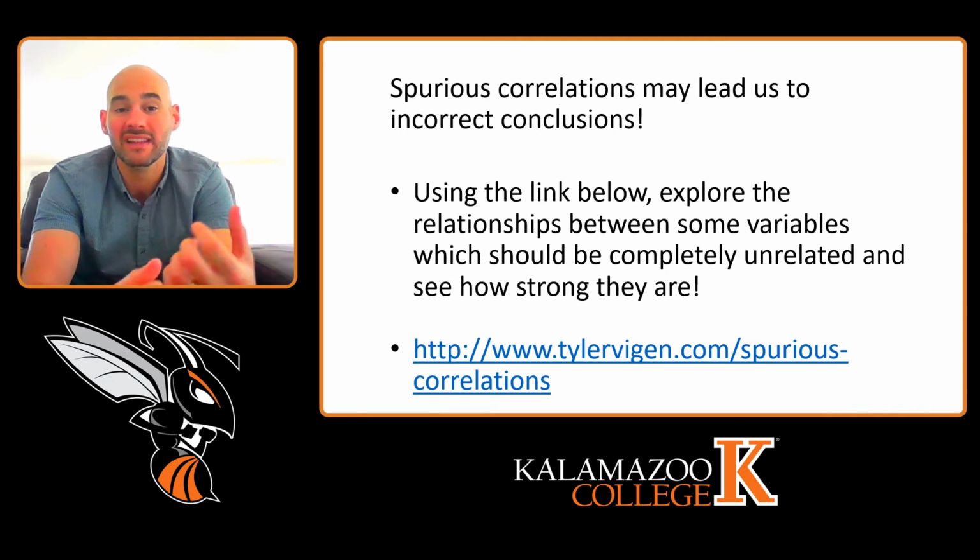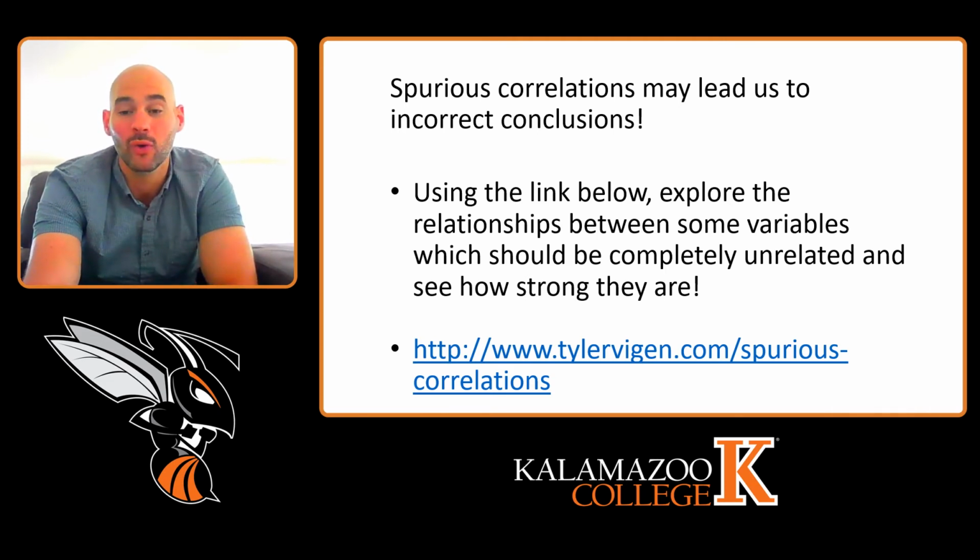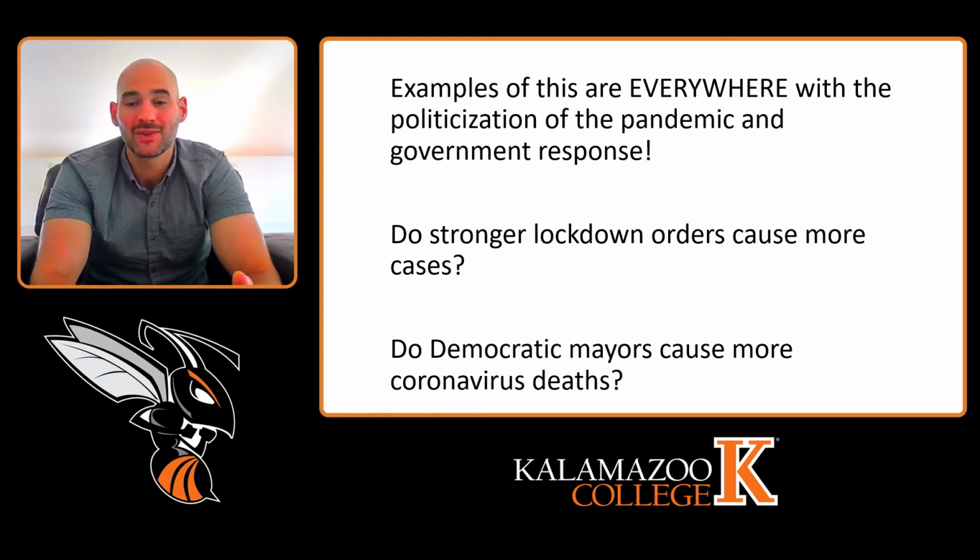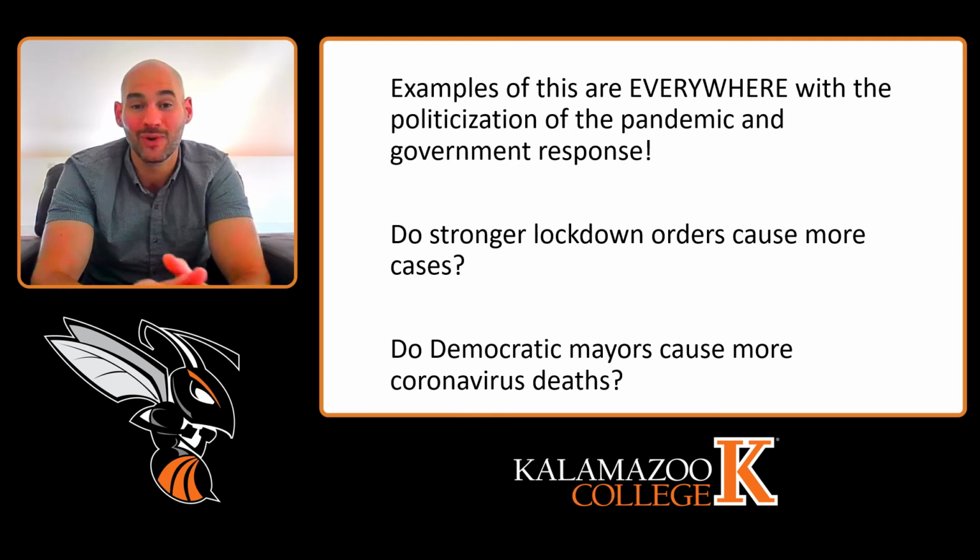So this is why we need theory and models, and why only relying on data is dangerous. So spurious correlations are just examples of the logical fallacy of correlation being equal to causation. That you'll often hear as a response to faulty data analysis, that correlation alone does not equal causation.